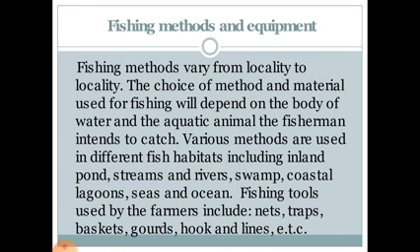Fishing methods and equipment. Fishing methods vary from locality to locality. The choice of method and material used for fishing will depend on the body of water and the aquatic animal the fisherman intends to catch.